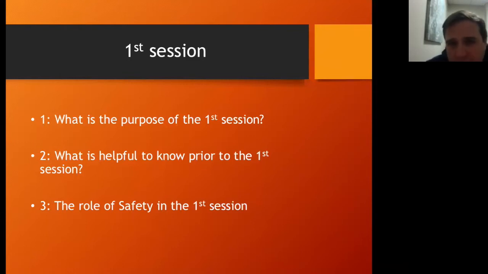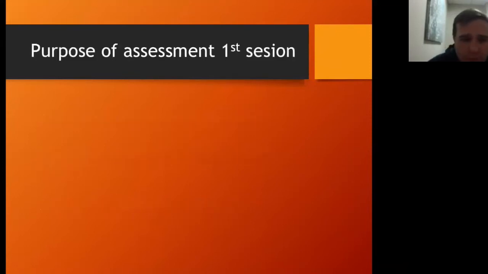Can you create that as an automatic aspect of the agency? So thinking about what would be helpful to know prior to the first session is incredibly helpful for your agency as well as you. And then the third, the role of safety in the first session, really trying to create an environment where the person feels comfortable enough to engage in that collaborative experience.